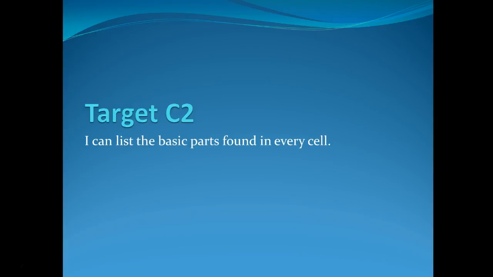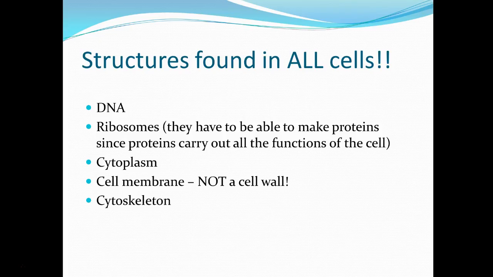Just like all living things must share some common characteristics that are true of every single living thing, there are certain structures or parts that are found in every single cell, no matter what kind of cell it is, whether it's a bacterial cell or a cell from a fish or a cell from a human being. So what are those parts?